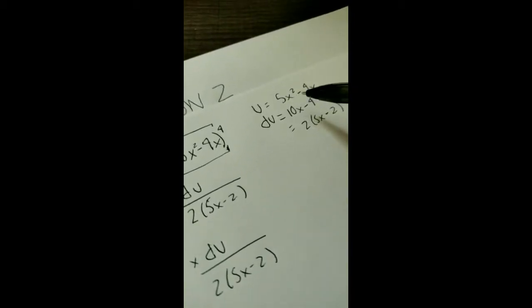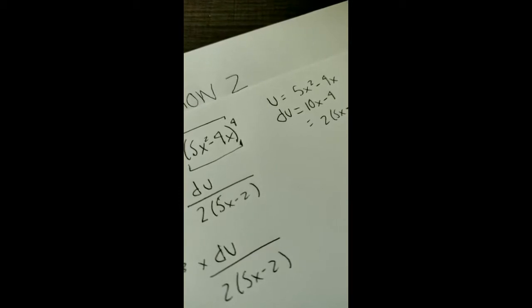The first thing we need to do here is try to find something to substitute. So we take the expression inside the parenthesis and the cubic root, which is 5x squared minus 4x. The derivative of u would be 10x minus 4, so we can take out the 2 as a common factor, and it stays 2 times 5x minus 2.